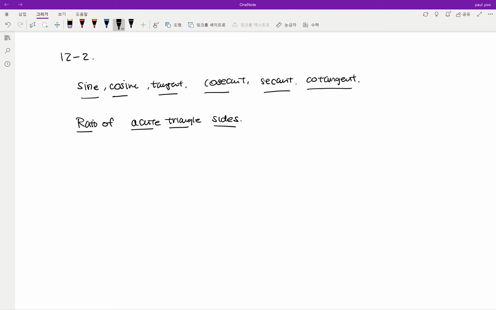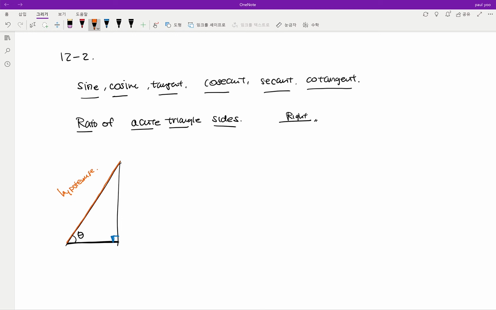So when you're given a triangle, you must think about an angle of the triangle. We always consider the triangle to be a right triangle, so you must have a right angle right here. Then there will always be the longest side, which we call the hypotenuse.